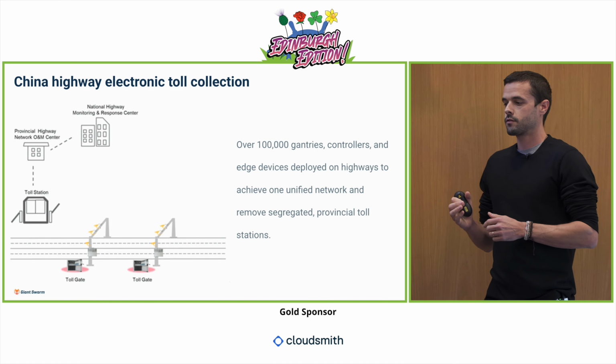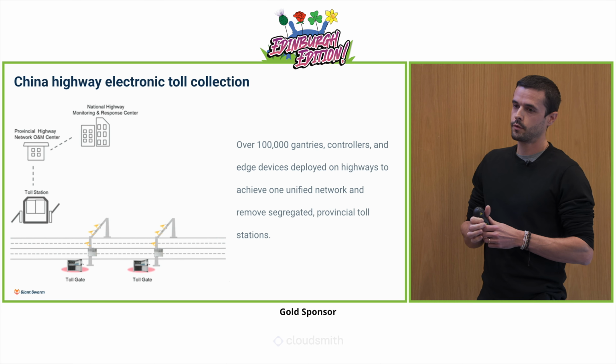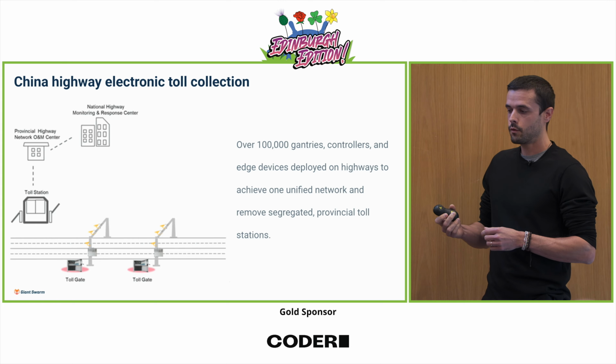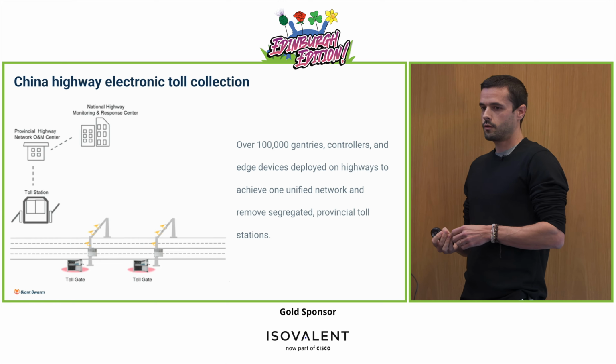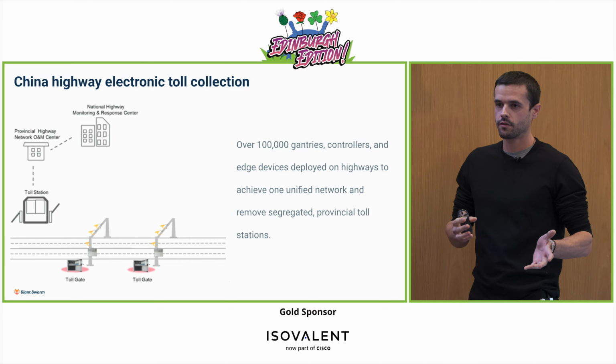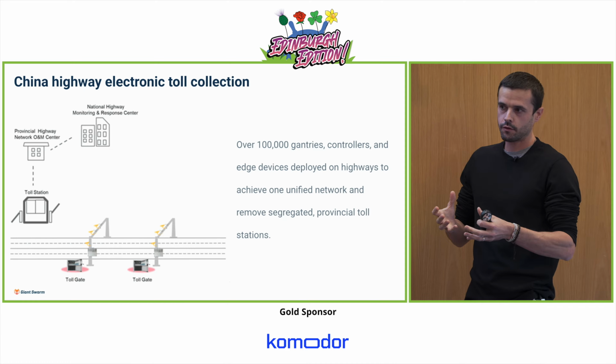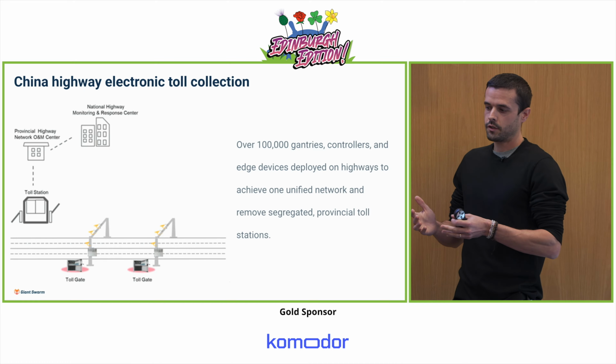This one is China, when they overhauled 85% of the country for their electronic toll collection system on the highways. The old system was a bunch of highway toll plazas with humans collecting fare from the drivers, so that would be slow and manual.